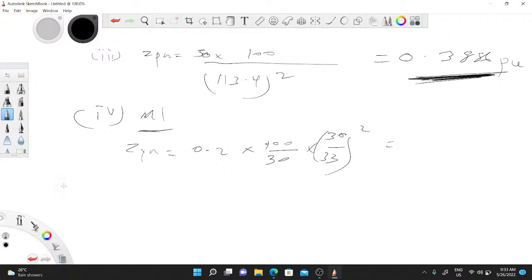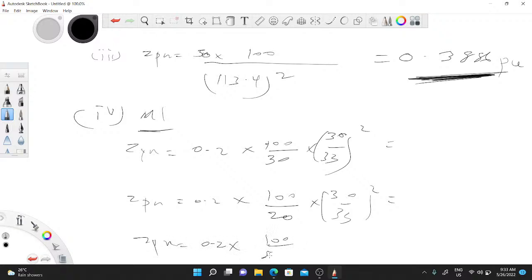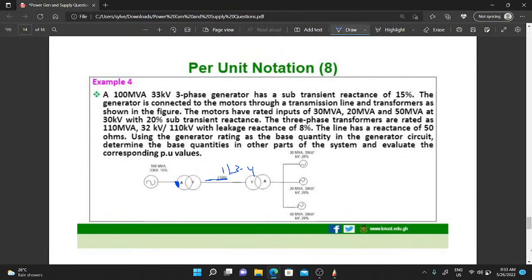For motor 2, ZPU new is 0.2 times 100 over old MVA, 20, times 30 over 33 squared. For the last motor, same, but with 100 over MVA old, 50, times 30 over 33 squared. So there you have it.